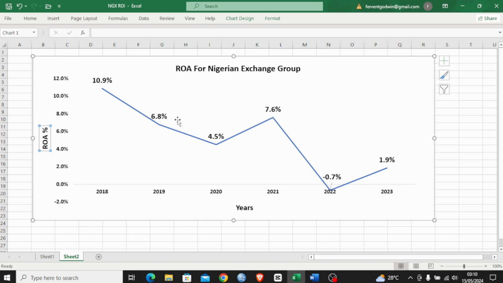It shows how efficiently a company is using its assets, and a higher percentage is indicating better performance, while a lower percentage is indicating worse performance, like we have here in 2022. Let me draw that a bit closer.